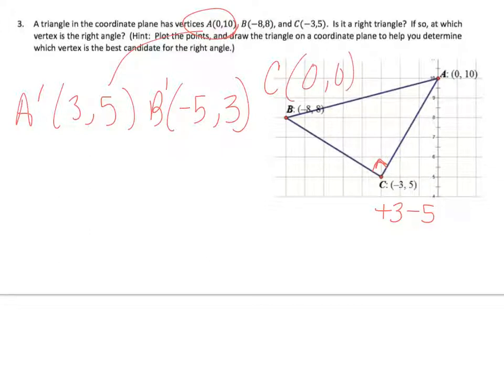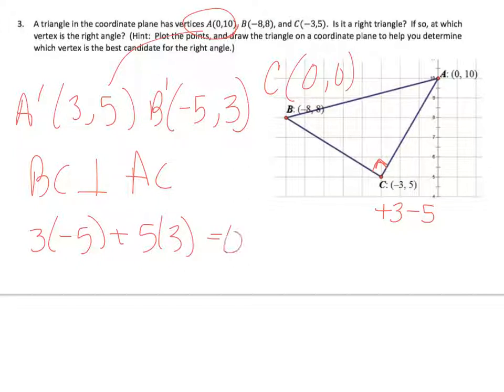So let's see if BC is perpendicular to AC. So we're going to do 3 times -5 plus 5 times 3 equals 0. It's a true statement. It is. We got it. And the right angle is angle C. Good job.